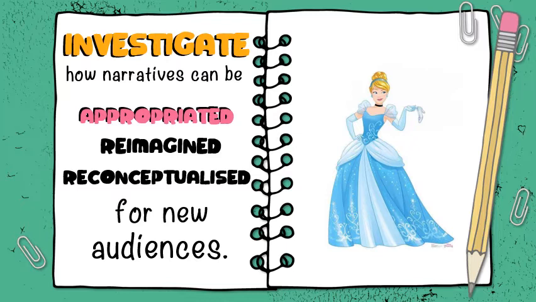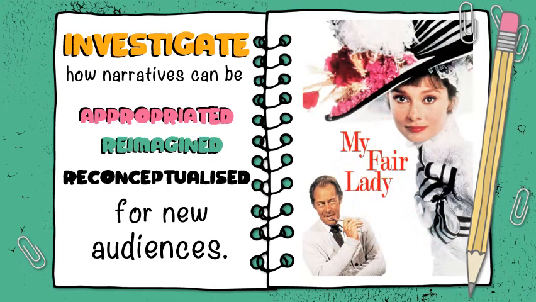He has meddled with the story a little bit, and you may be quite surprised what the original story is like. But essentially, the main aspects of that story haven't changed a lot. Now let's look at the next word, reimagined.